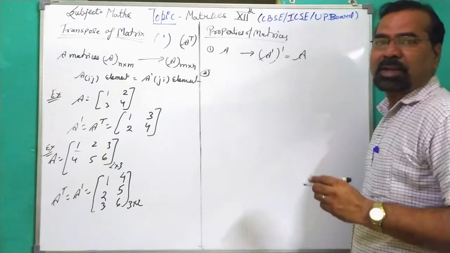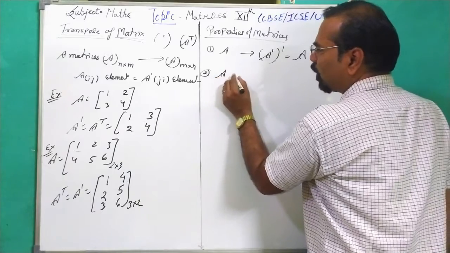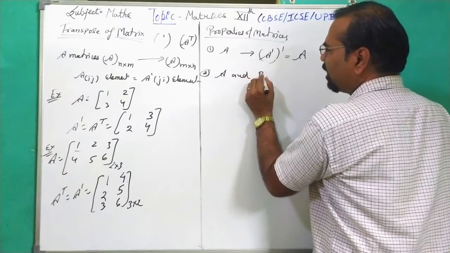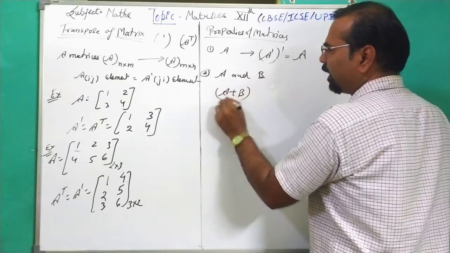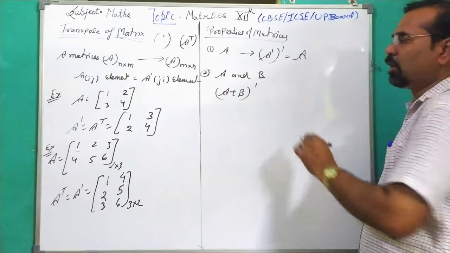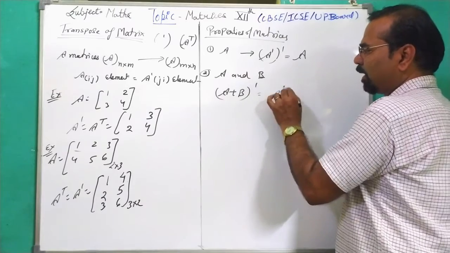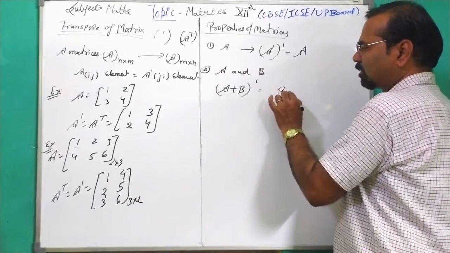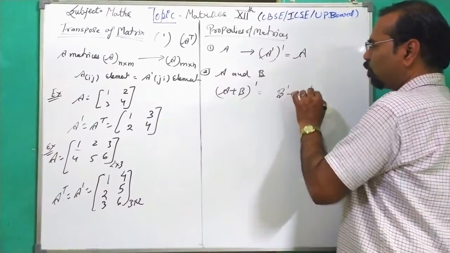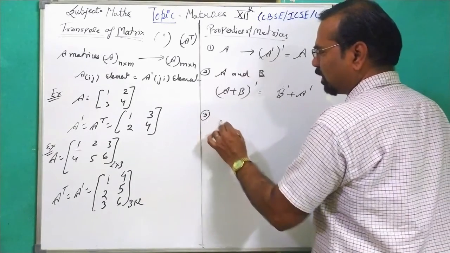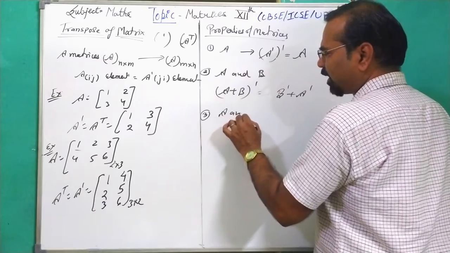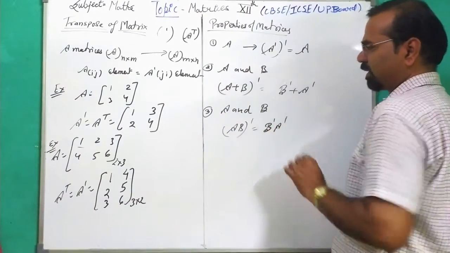Second one: suppose you are given two matrices A and B. The transpose of their sum, A plus B dash, is equal to B dash plus A dash, so both values are equal. Third one: the transpose of the product is B dash A dash.